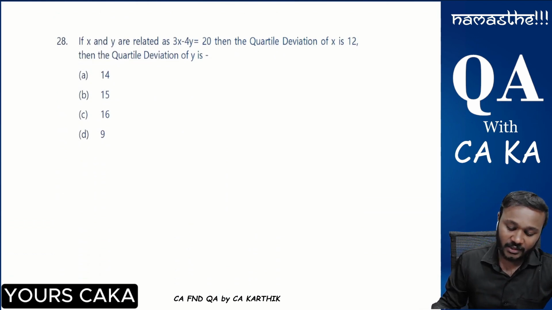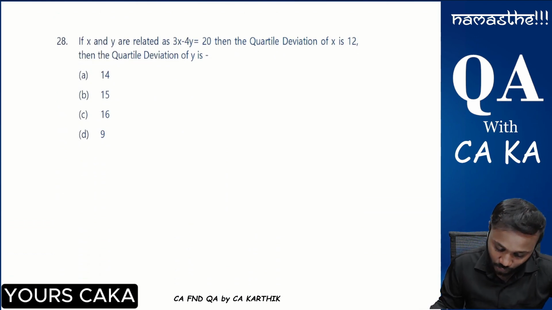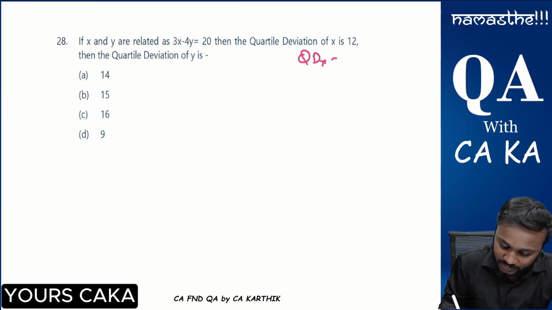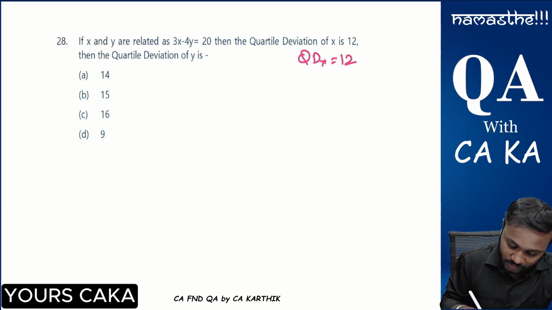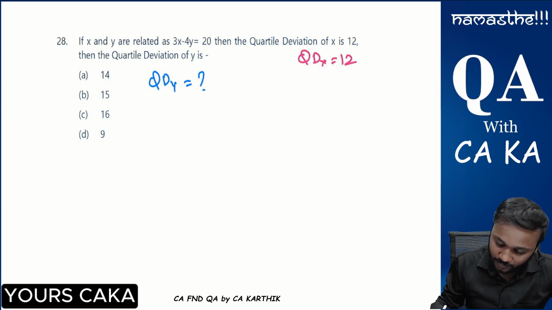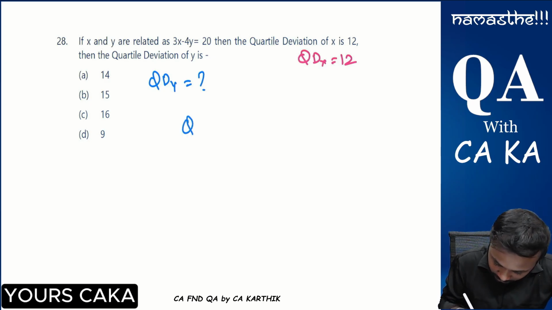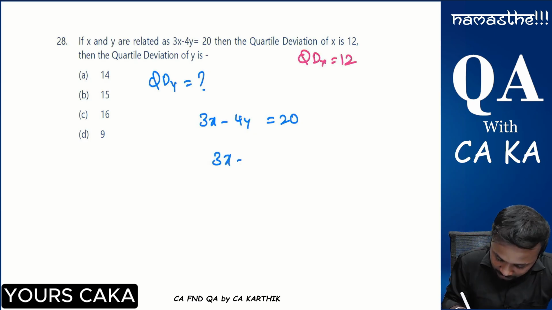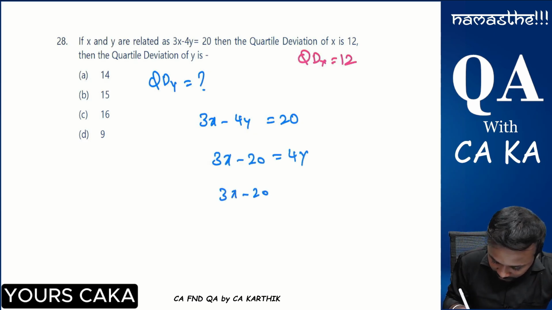If x and y are related as 3x minus 4y is equal to 20, then the quartile deviation of x is 12. Now, what is the quartile deviation of y? This is the question. Given equation is 3x minus 4y is equal to 20, but we need it in terms of y. So, 3x minus 20 is equal to 4y, so y is equal to (3x minus 20) divided by 4.